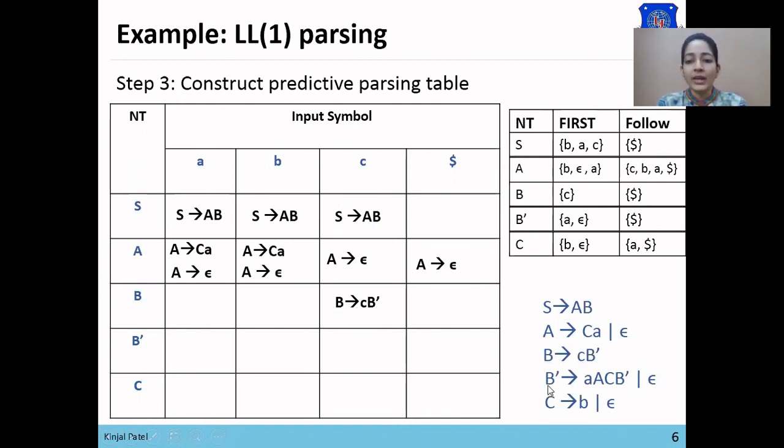Now in the fourth statement, there are two alternatives, B dash derives A, C, B dash and B dash derives null. So we'll find the first of A, C, B dash. The production rule B dash derives A, C, B dash will be added in the first of A, C, B dash. So first of A, C, B dash is A. So B dash derives AC B dash will be added in the A symbol.